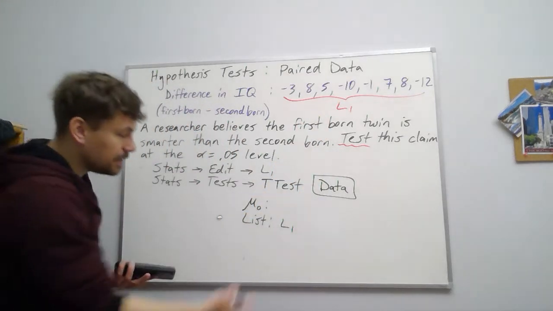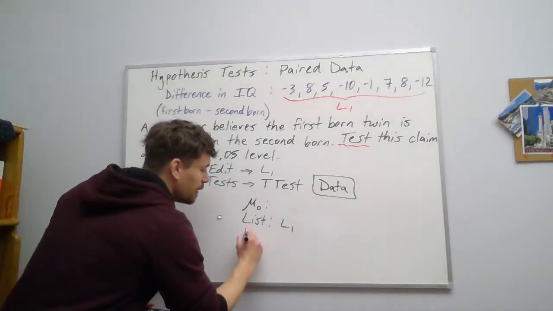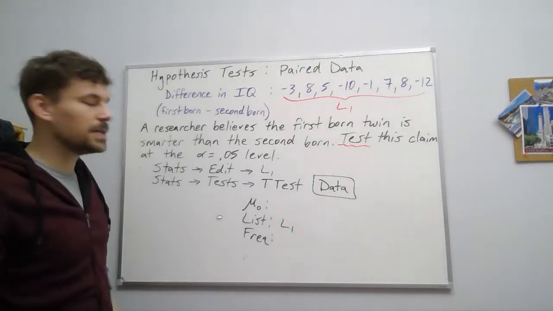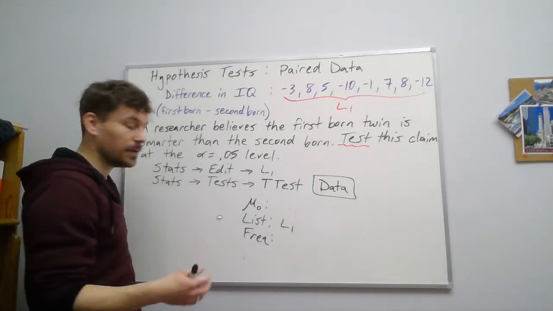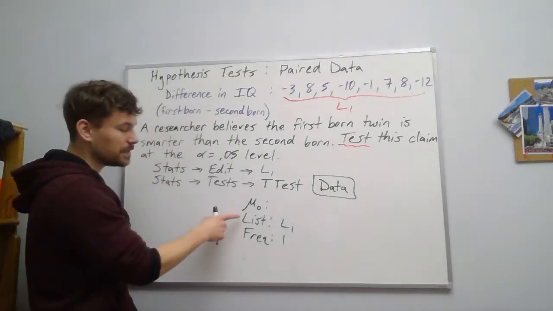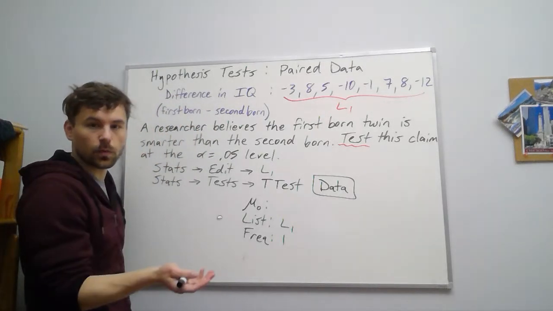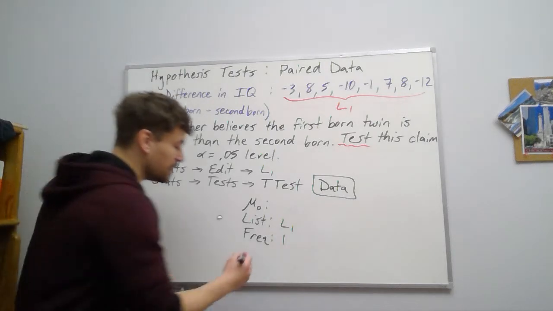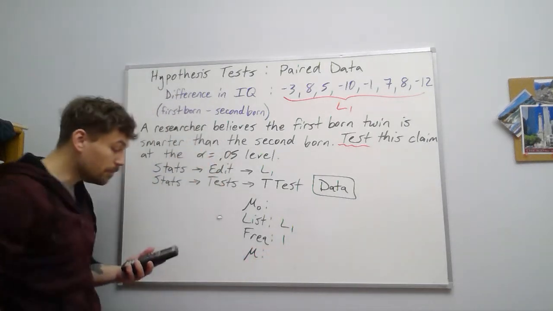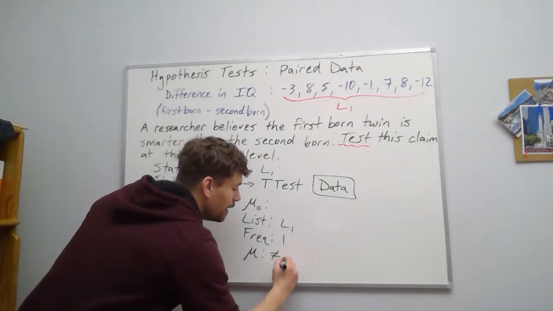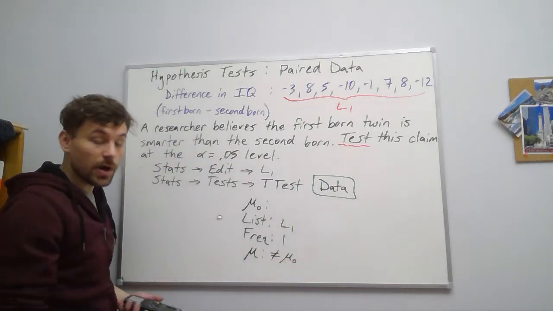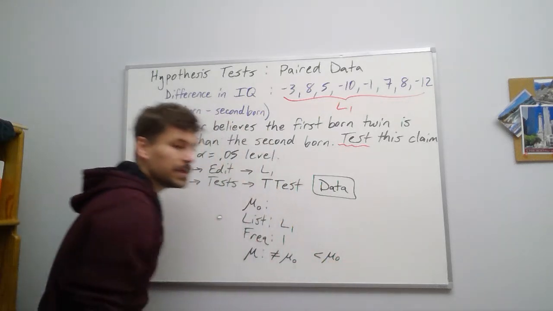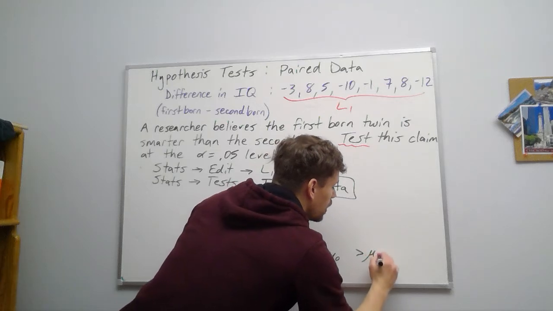If you put it in a different list, just update that here. It'll ask us about the frequency. If there are repeated values, sometimes we use another list to have the different frequencies. For us, we can just say 1, so everything in this list is represented just one time. Then it will ask us about the alternative hypothesis: are we curious about mu being something other than mu0, less than mu0, or greater than mu0?